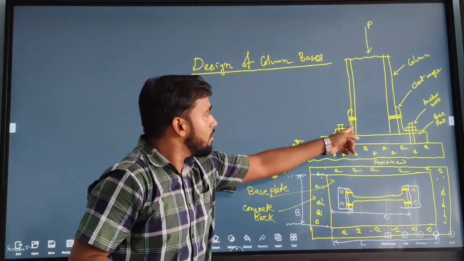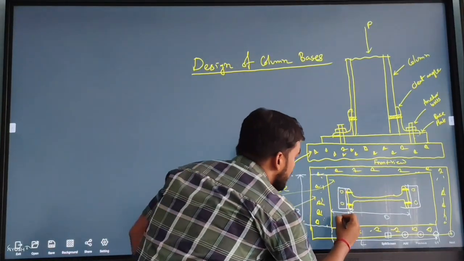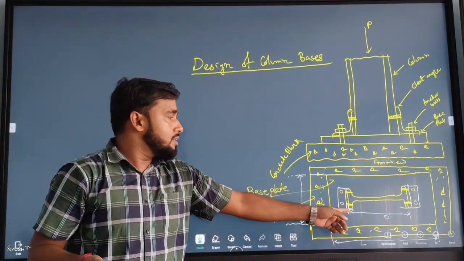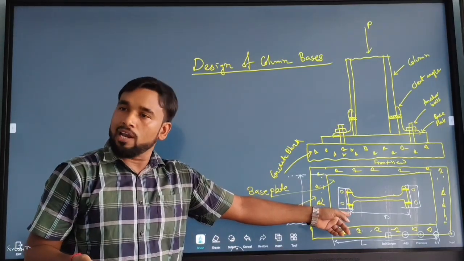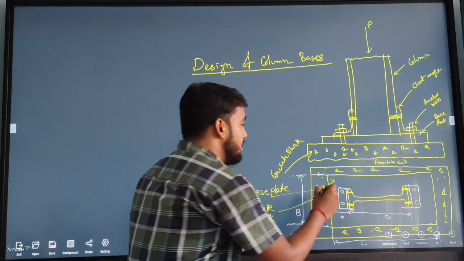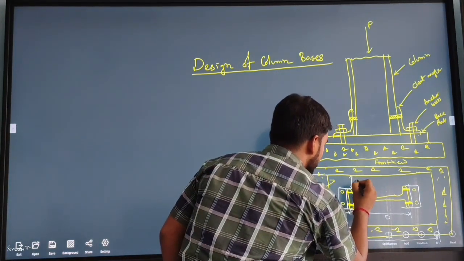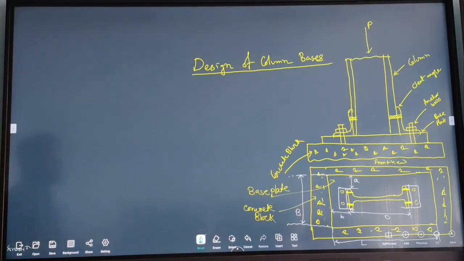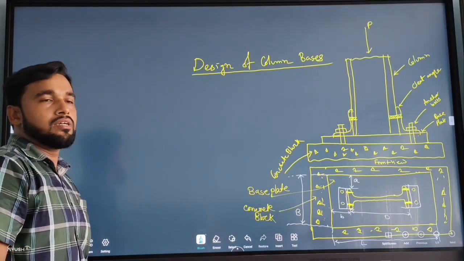This is the column edge. So let us say b is the projection of the base plate from the edge of the column along L. Similarly, the projection of the base plate along B is small a. Clear? We have to calculate the size and thickness of the base plate.